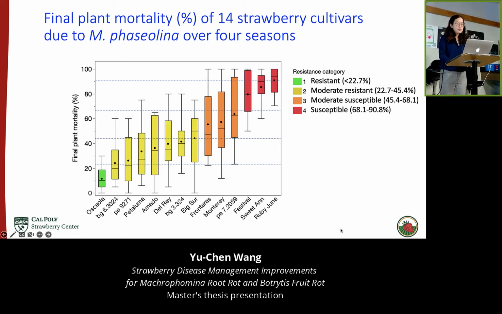And fitting our 14 cultivars, I fit them by the average mortality over the 4 years, shown in the dots here.